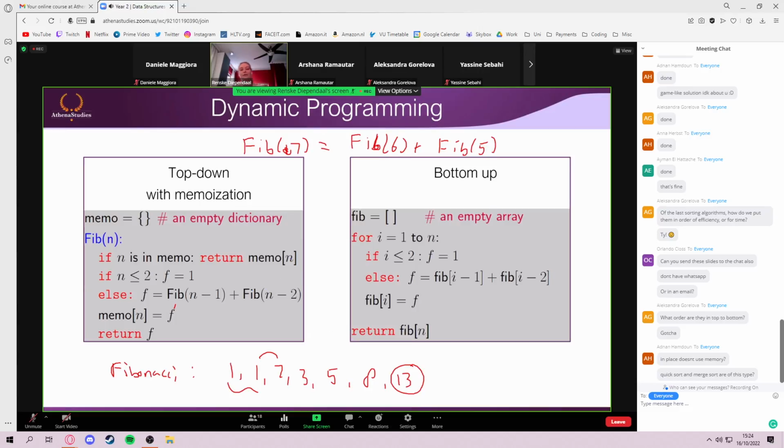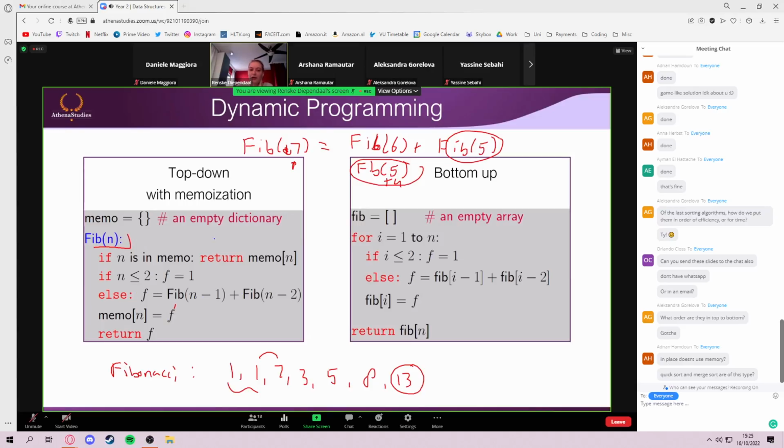Right, so this can really nicely be done with splitting and reusing solutions. Because for Fib 6, you also need 5 plus 4, right? So you really are able to reuse your solutions. So we have a top down. This one just starts at n, so it tries to calculate the 7th digit straight away.